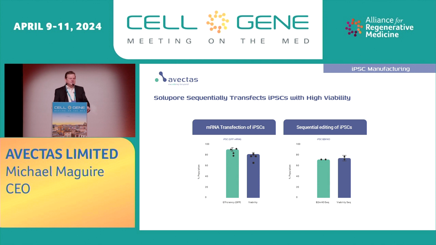And on the right-hand side, we're looking at RNP editing of the iPS cells. And once again, through a sequence of edits, so repeat editing of these cells, we're seeing high viability and delivery of a knockout gene here.